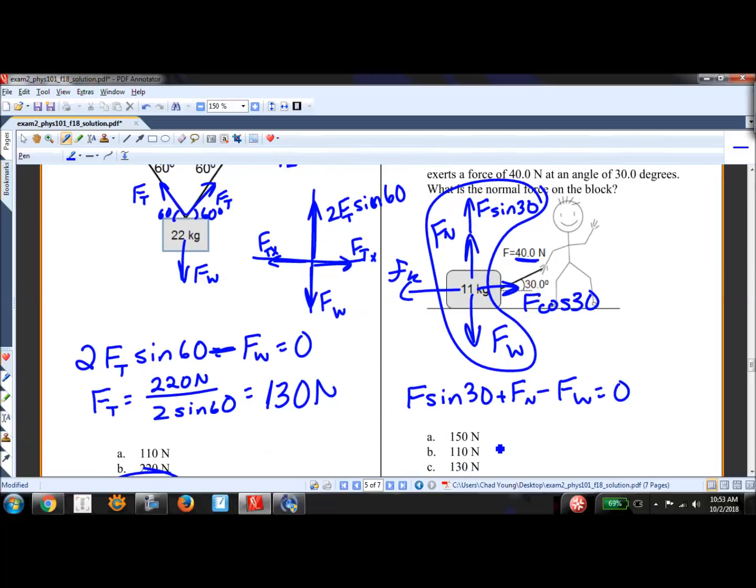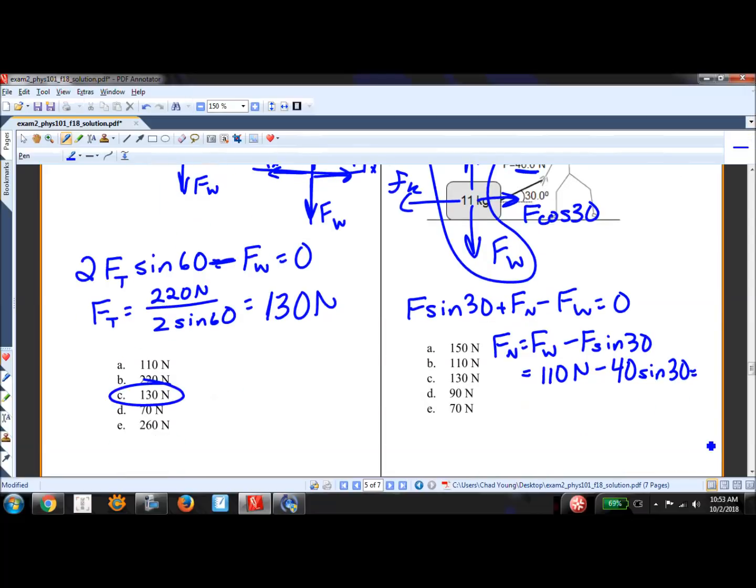So Fn then equals Fw minus F sine of 30. That's 110 newtons minus 40 sine 30. That's equal to 90 newtons.